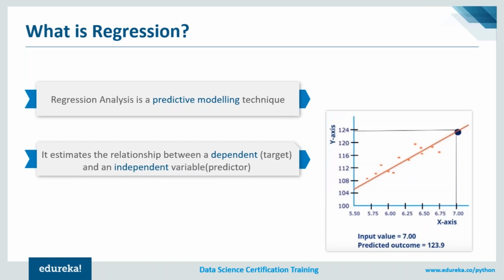So that kind of expecting or predicting something for the future is predictive modeling, and for predictive modeling we use the regression technique. So for example, if you have to say will it rain tomorrow, it's a prediction. What is the temperature tomorrow is a prediction, right?